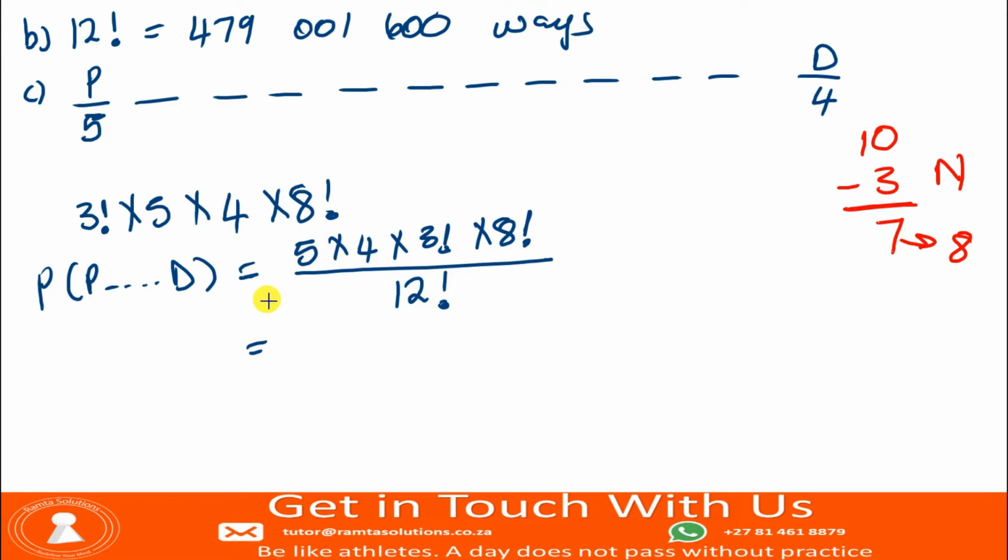All right, so take your calculator. This is 5 times 4 times 3 factorial times 8 factorial all over 12 factorial. So our answer is 1 over 99.